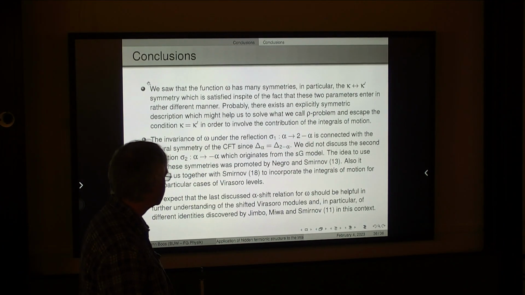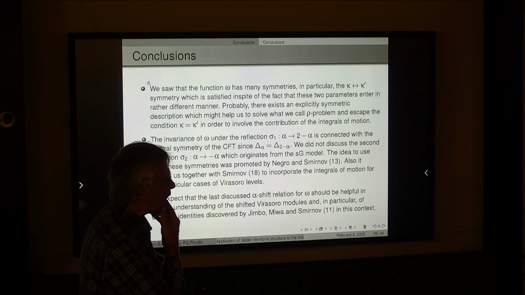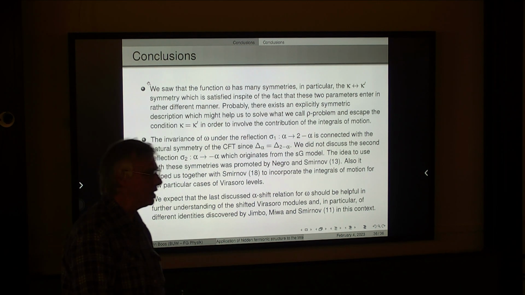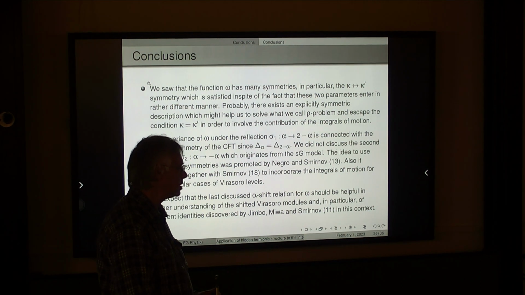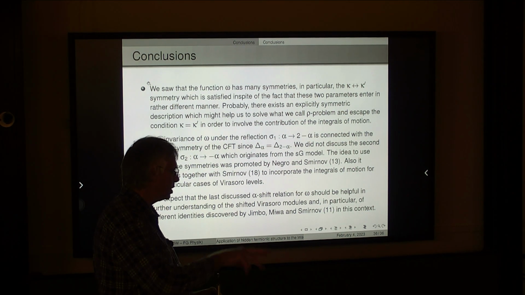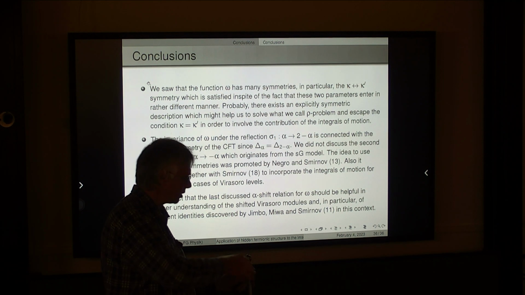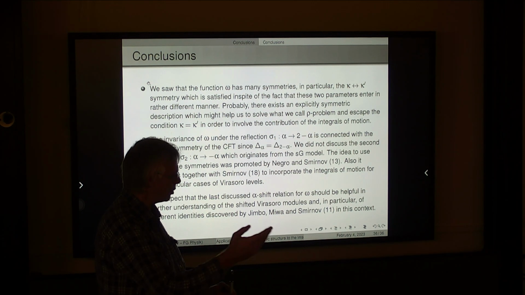I have one or two questions. In the continuum limit, would the omega function degenerate to something trivial? It depends on the limit you take. If you don't rescale spectral parameters, then it does. That's what I showed. It is one when you take translations or some power of translation.